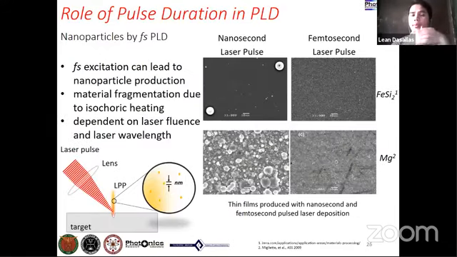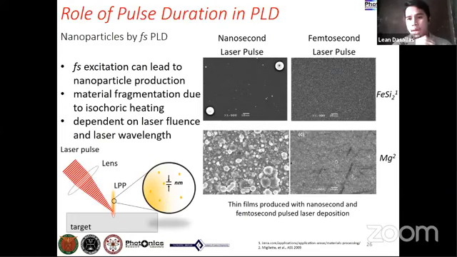Now, this nanosecond PLD, as we have observed in the previous work, produces micron-sized structures on top of the substrate.